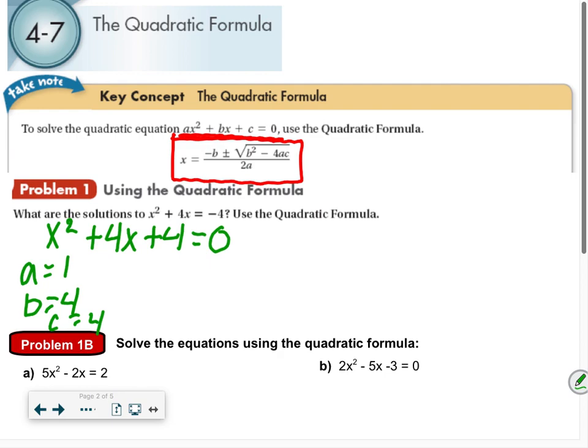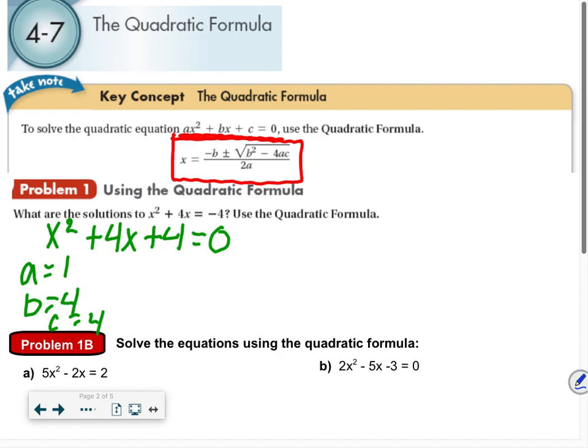Any questions on where we got the a, b, c from? The equation right there. Once we have our a, b, c, all we do is plug it into that fancy formula.